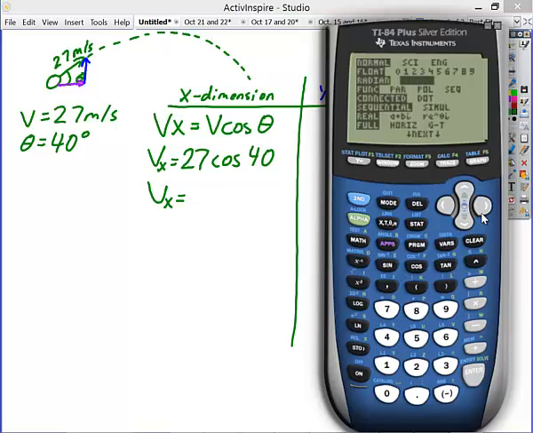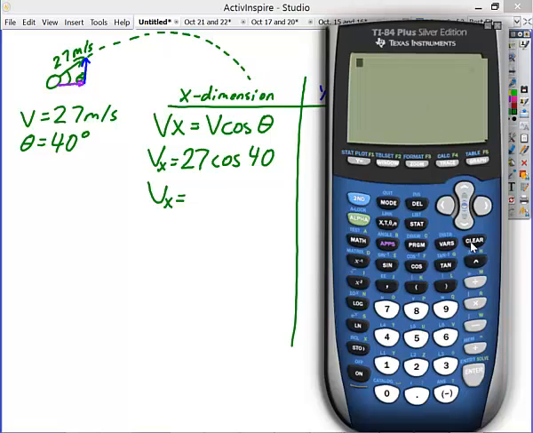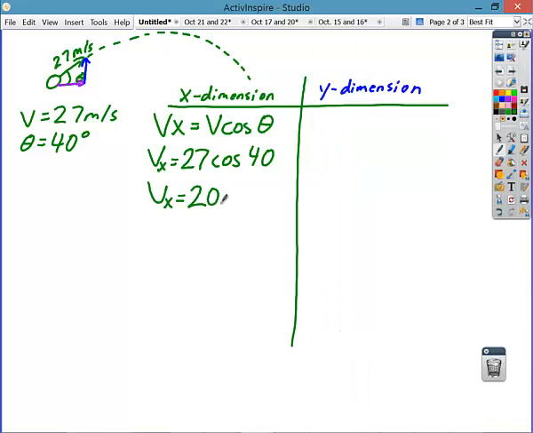So you got to switch it over to degrees, and then we can go back. So I hit 27 cosine of 40. I close the parentheses. Oops, that's 40. Close the parentheses, enter, and I get 20.68. So our velocity in the x dimension is 20.68 meters per second.